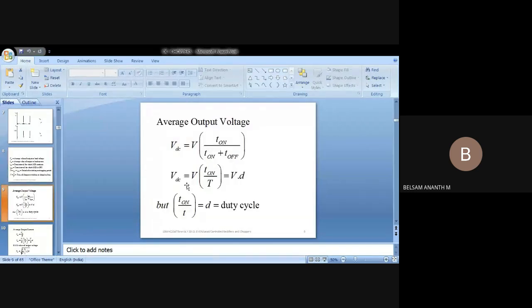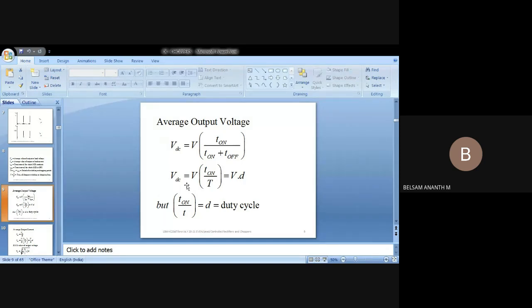Okay, therefore the average output voltage, VDC, equals what? V is the input voltage, so V into T on divided by T on plus T off. T on divided by T on plus T off is nothing but one state of on conduction and another state of off conduction. A very simple calculation to remember. T on divided by T on plus T off can be considered as T on divided by capital T. Capital T represents the total on time period and off time period.